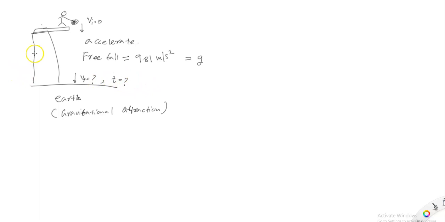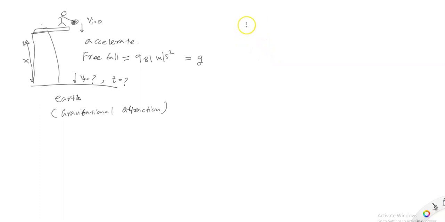For an example, if we know the height of this building, maybe 50 meters or whatever, this height, this is your x falling down. We can calculate how much time it takes, what's the final speed, and all sorts of things. We're going to use the same equations.